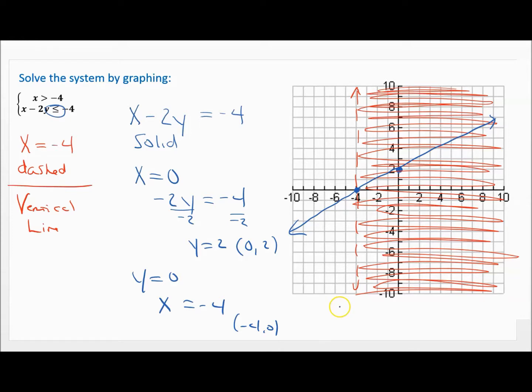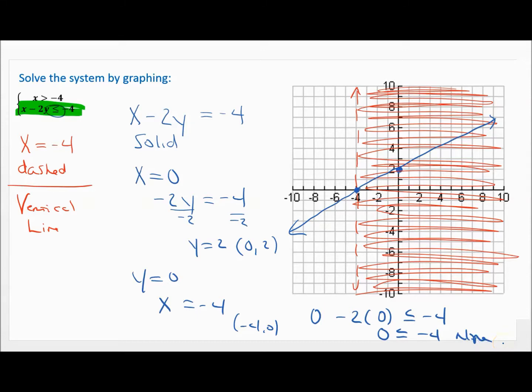Okay, so remember, I'm going to test 0, 0 because it is not on my blue line. So I plug that into my original. So way over here, my original problem right there. Okay, so 0 minus 2 times 0, is that less than or equal to negative 4? Well, all this on the left is 0. Is 0 less than or equal to negative 4? No, it's not.